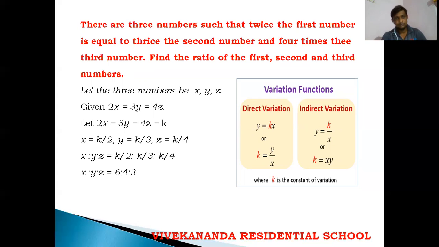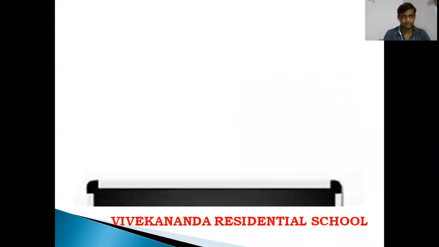Then we'll get the LCM is 12. 12 by 2 is 6, so 6k by 12 is to 12 by 3 is 4, 4k by 12, and 3k by 12. So in all the cases, denominator is the same, so I'm going to remove the denominator. Then x is to y is to z is equal to 6 is to 4 is to 3.